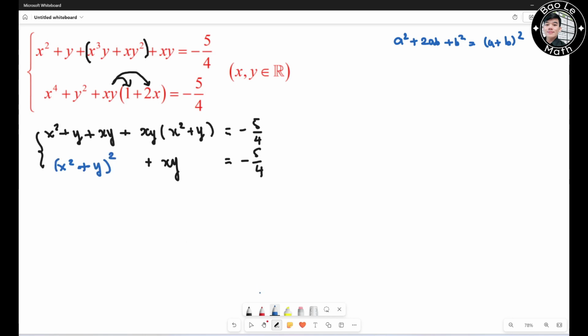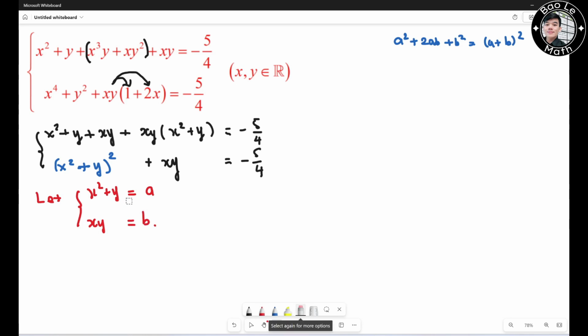Alright, so now we're going to use the change of variable method. So we let x squared plus y equals a, and xy equals b.